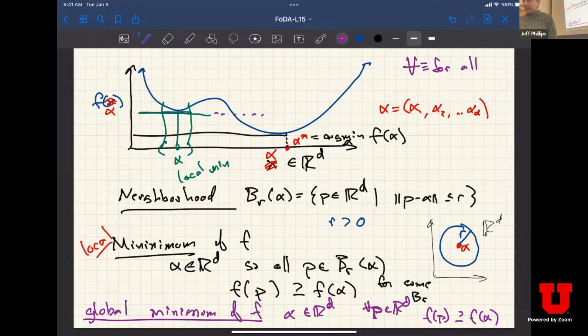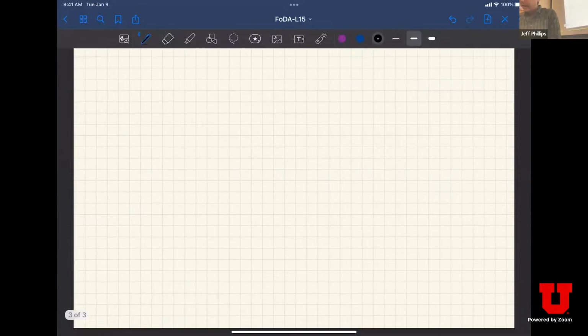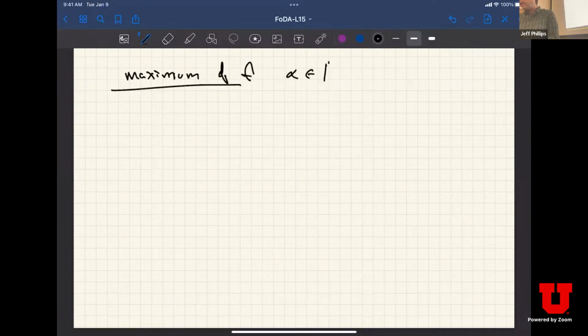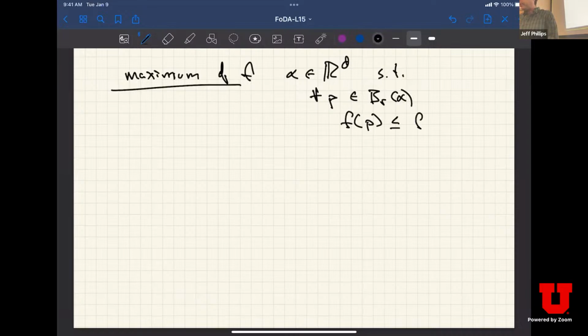So great. All right, I can also say a maximum of f is going to be an alpha in R^D, such that for all P in some neighborhood around alpha, f of P is less or equal to f of alpha.